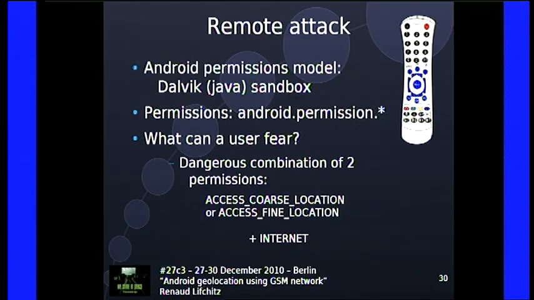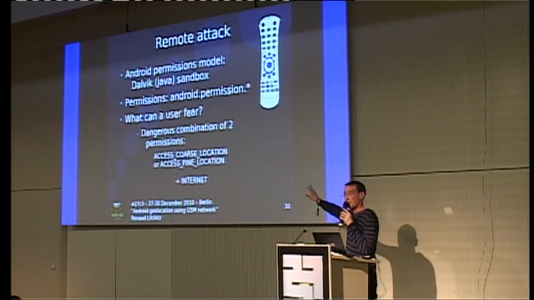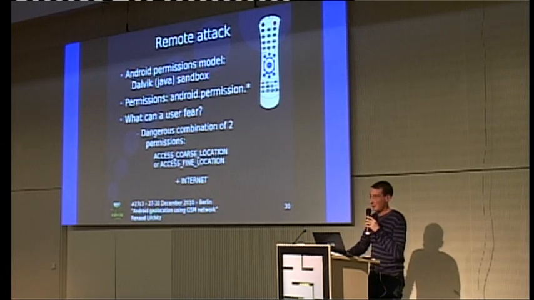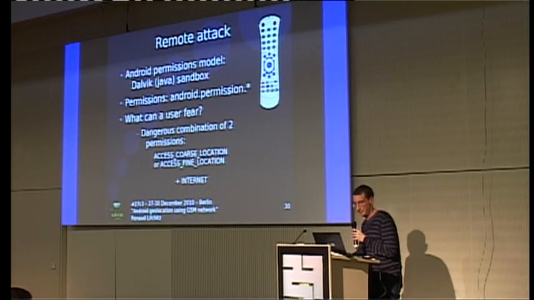And probably you won't authorize an application which also uses internet access, because with internet access, the application will be able to report your location. So you will carefully block an application which uses both permissions. This is a big danger.